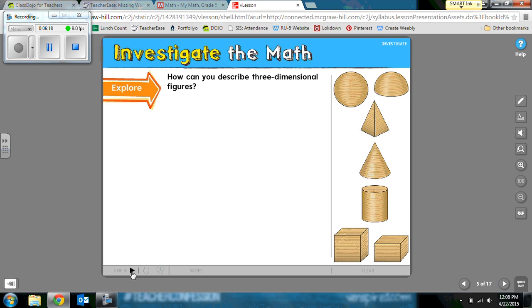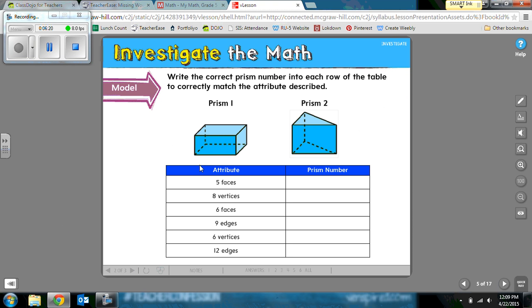Okay, now up next, we're going to look at 2 different prisms. One's a triangular prism because the top is a triangle. One's a rectangular prism because the top is a rectangle. They want you to look at which attributes and the prism number that it matches. So if it has 5 faces, we would count each of the sides or the flat surfaces and figure out which prism number it would be.